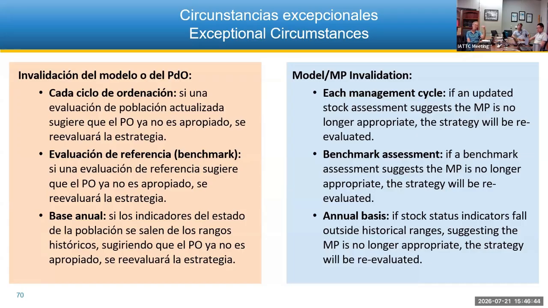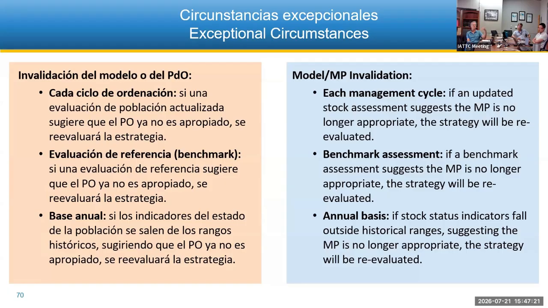And if an indicator falls outside the historical range, particularly, and we haven't defined these, but particularly ones that suggest that the status or the safety of the stock is being compromised, we would reevaluate that particular stock, and that might mean simply just interpreting the indicators, but also might mean doing an update assessment and so on.